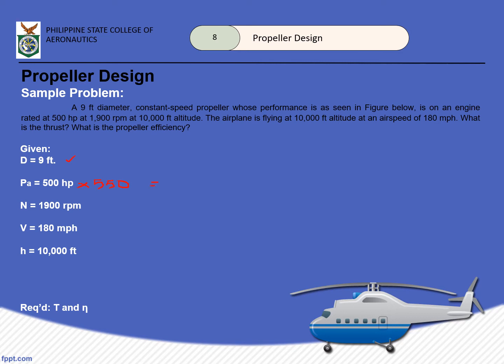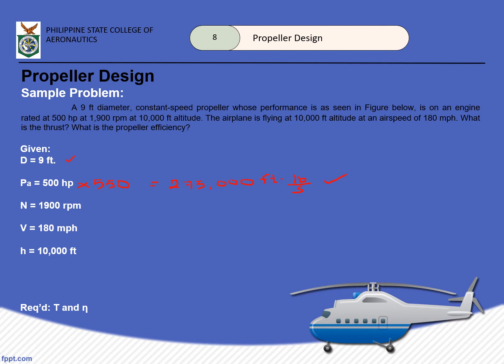So, 500 times 550 gives us 275,000. What is the unit after we convert? Foot-pound per second. So, check.